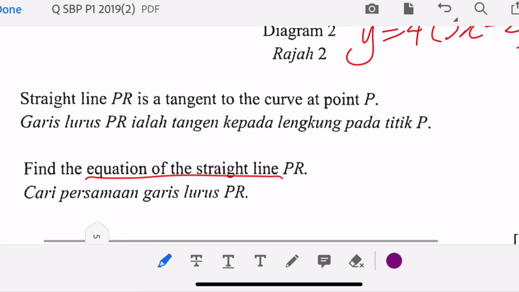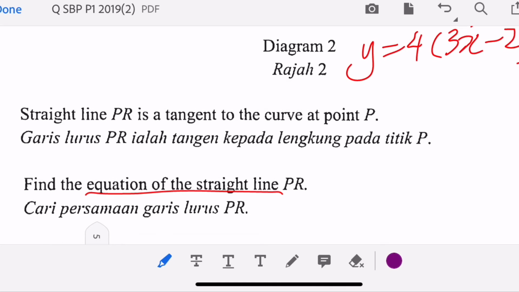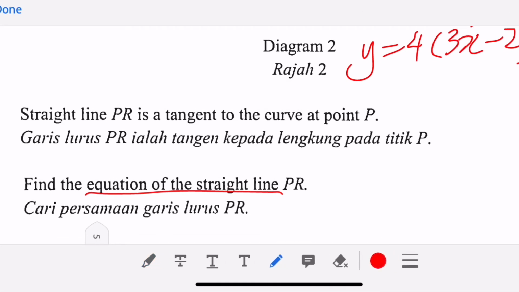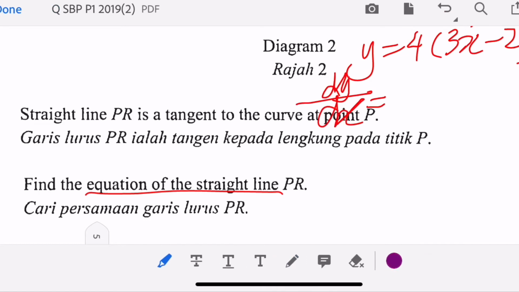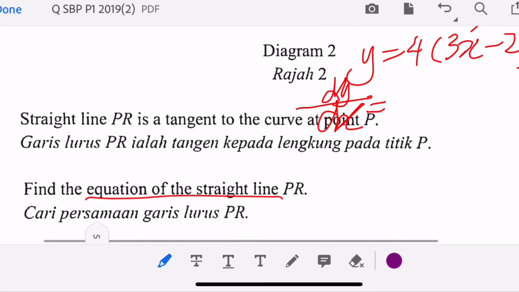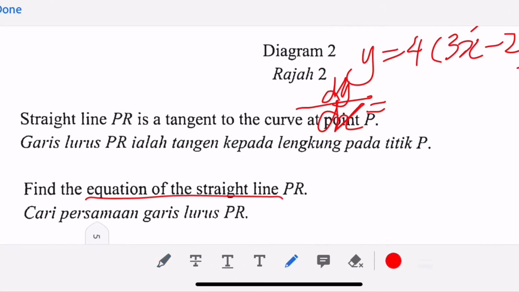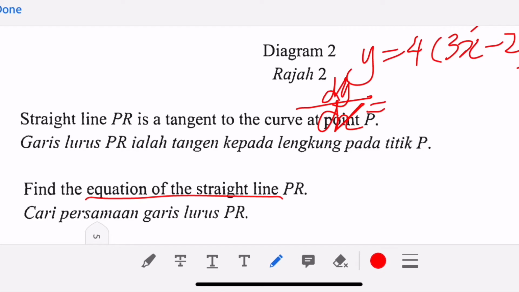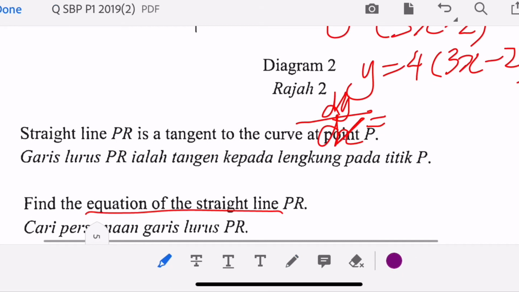Now we want to do dy/dx, because dy/dx means what? The gradient of the tangent to the curve. Now remember we have to take the power, negative 2, to the front. When there is a power, you have to take the power to the front.